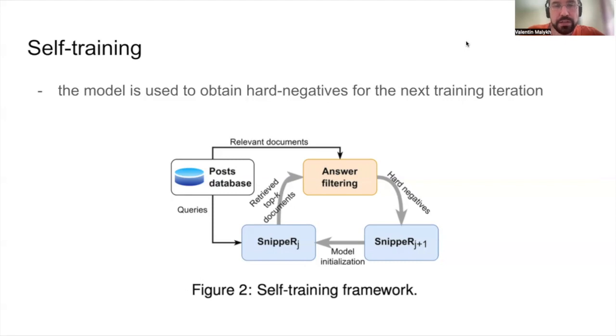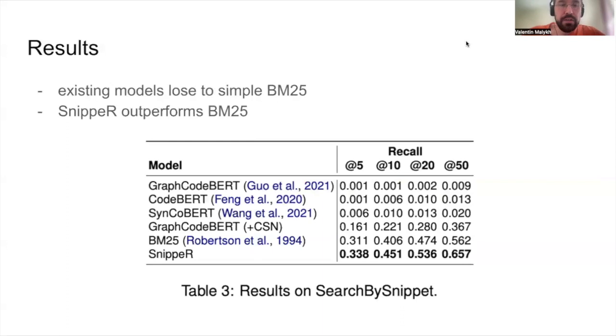And this training is more effective than the existing training without hard negatives. So we train with hard negatives with our contrastive estimation loss, and this allows our model to perform better. How much better? As we can see, if we take just GraphCodeBERT as it is, it shows really small results. If we take CodeBERT or SynCodeBERT, they're not really good either.